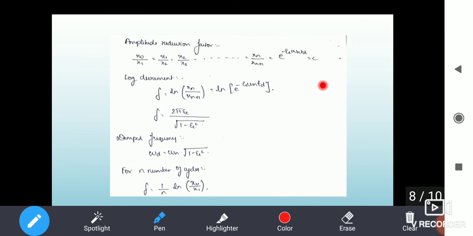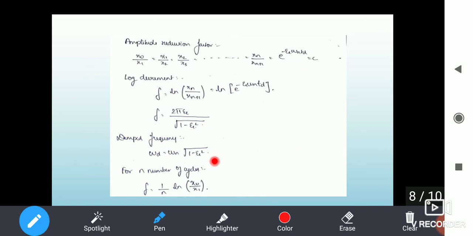And here is a formula for the amplitude reduction factor: x naught by x1 is equal to x1 by x2 is equal to x2 by x3 and so on, is equal to xn by xn plus 1 is equal to e raised to the power of minus zeta omega n times the time period, which is a constant.